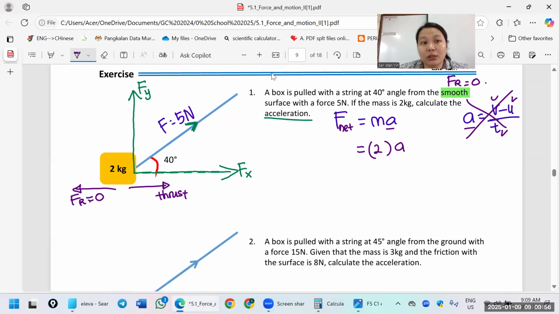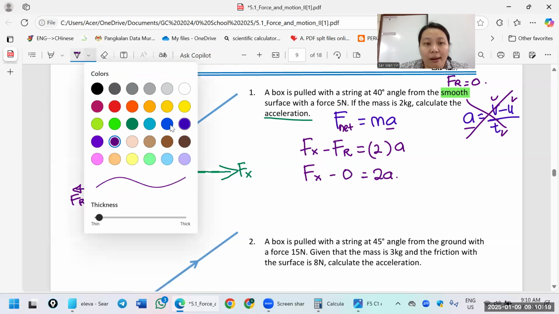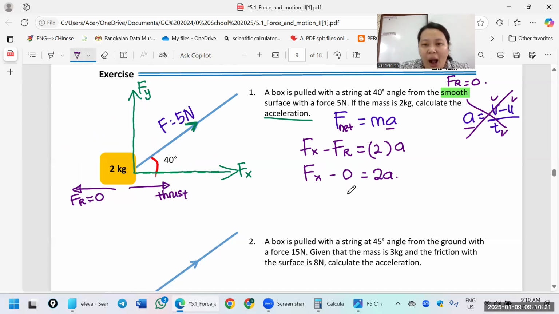You must be alert to the word smooth. So Fx minus Fr equals 2a, which is Fx minus 0 equals 2a. So Fx equals 2a and a equals Fx divided by 2.